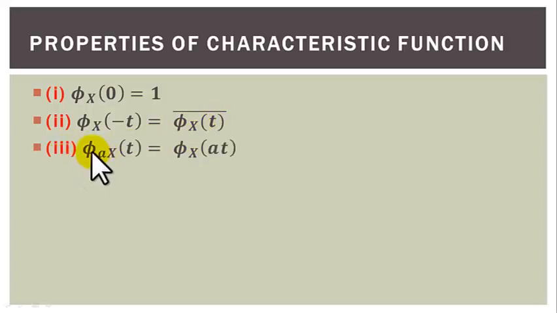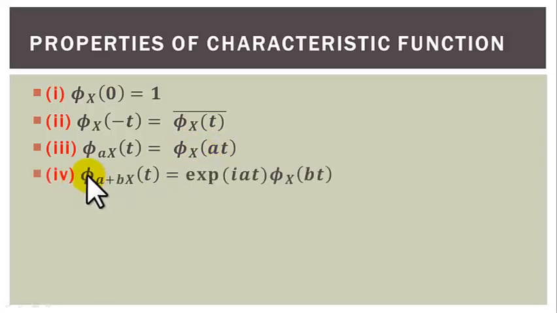3. The characteristic function of aX at t, where a is a constant, is equal to the characteristic function of X with parameter at. 4. The characteristic function of a + bX at t is equal to e^{iat} times the characteristic function of X with parameter bt. 5.